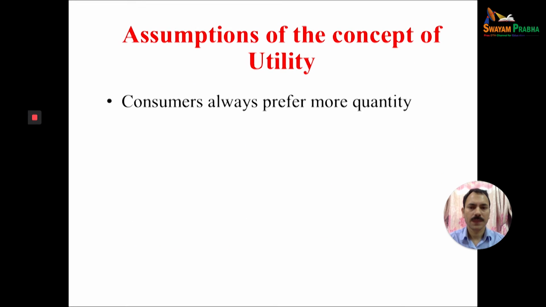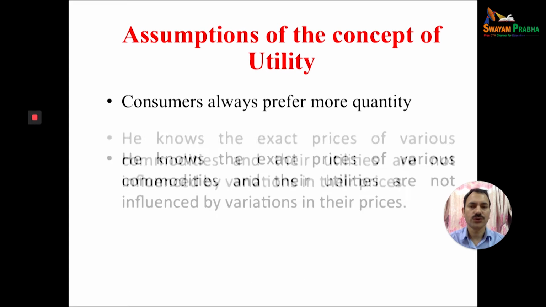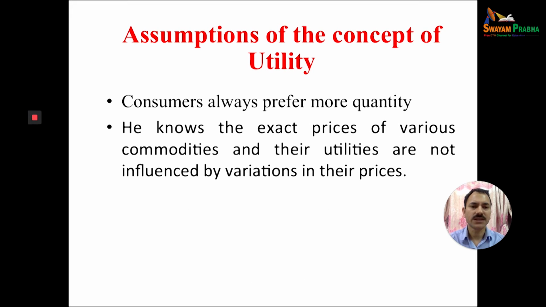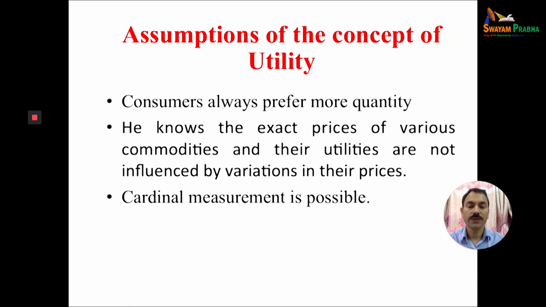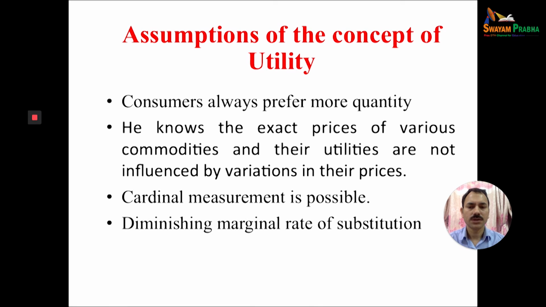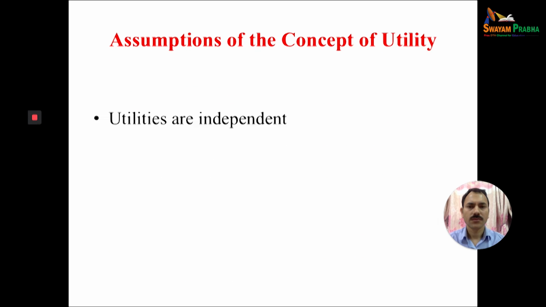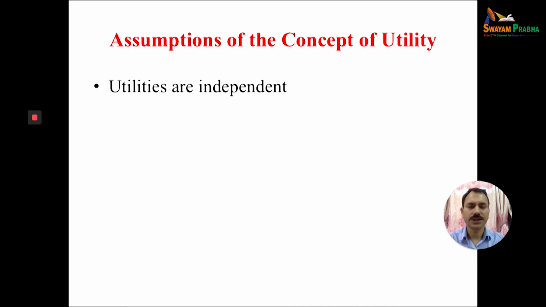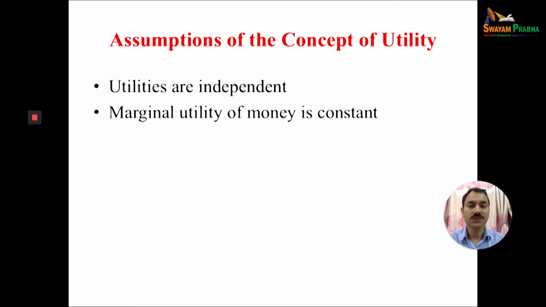Next, the consumer always prefers more quantity. Here we have to assume he knows the exact prices of various commodities, and their utilities are influenced by the behavior of their prices. We also have to assume that cardinal measurement is possible, diminishing marginal rate of substitution, utilities are independent, and the marginal utility of money is constant.